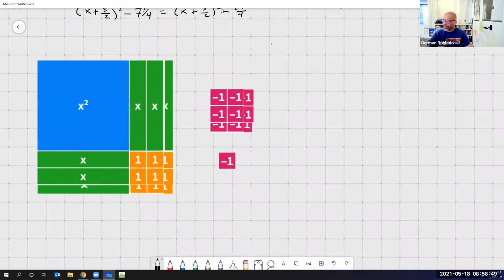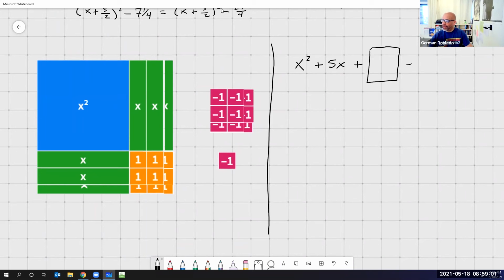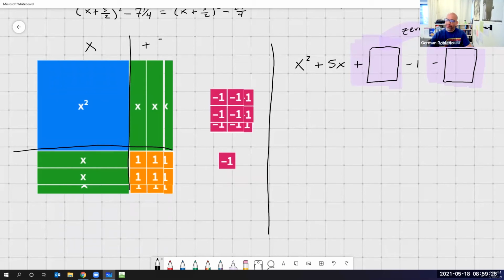So symbolically, we normally took the x squared plus the 5x, and then we added something, and then -1, and then we subtracted something. These two things that I'm adding and subtracting, this amount here and this amount here, remember that these made our zeros. So when we created this, we found that these were the dimensions.